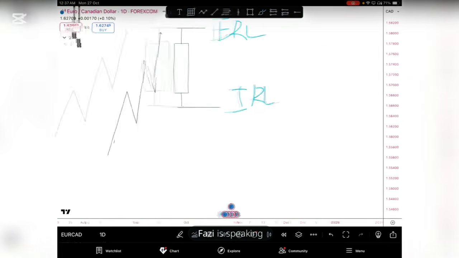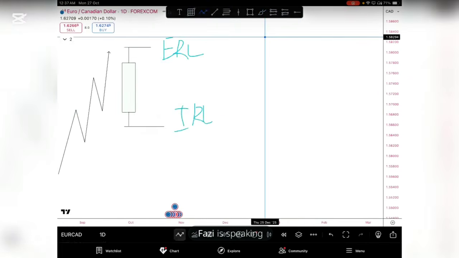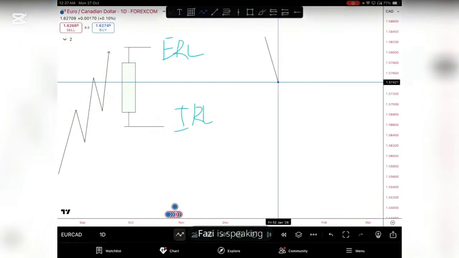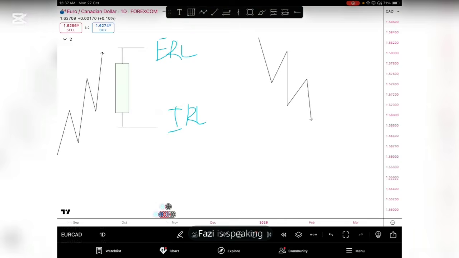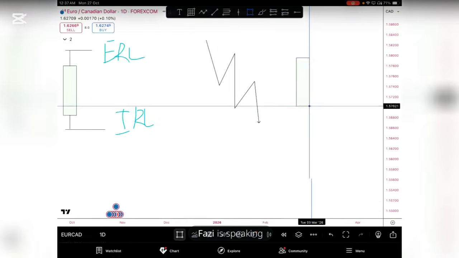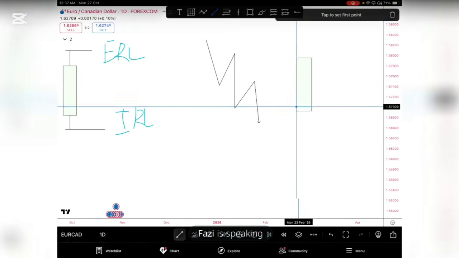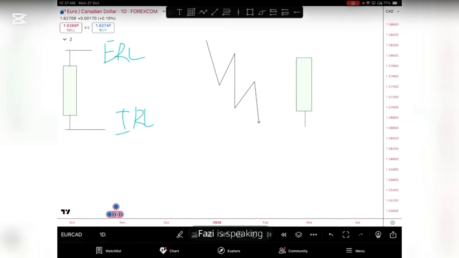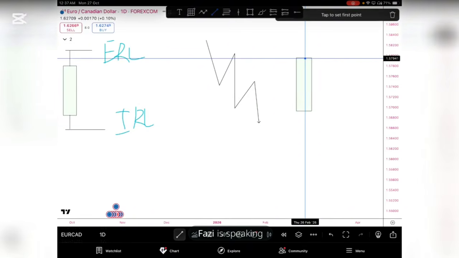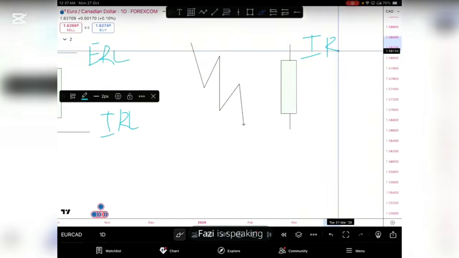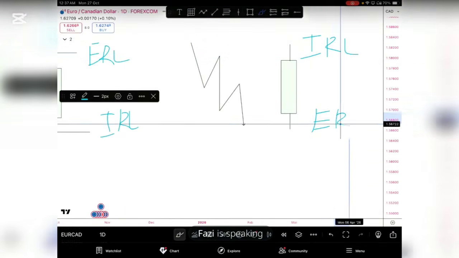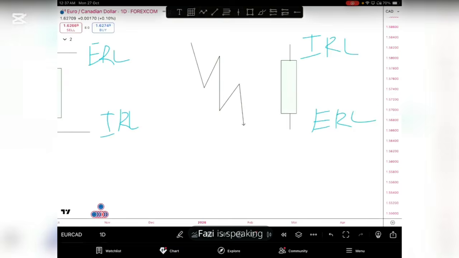When it comes to the bearish environment, we have the candle highs and lows like this. There the candle low we call external range liquidity, and the candle high we call internal range liquidity. This is the basic thing you need to understand about the environment.